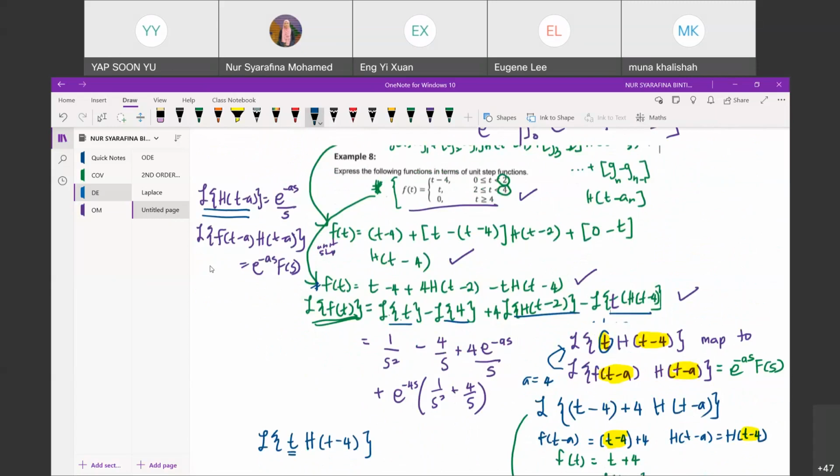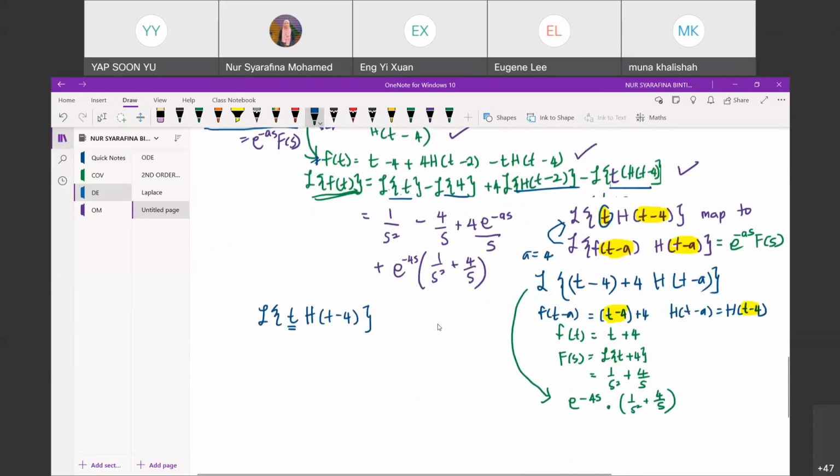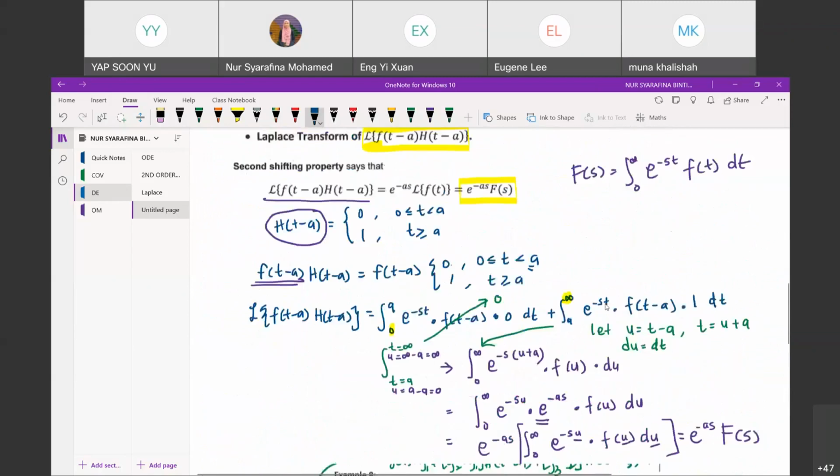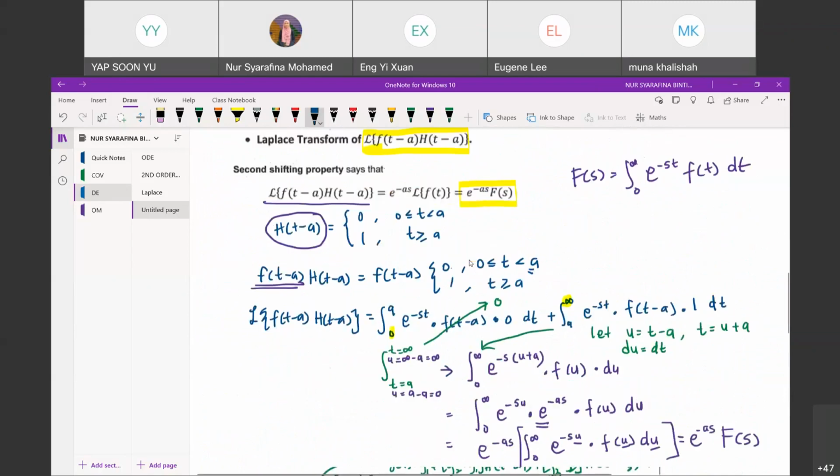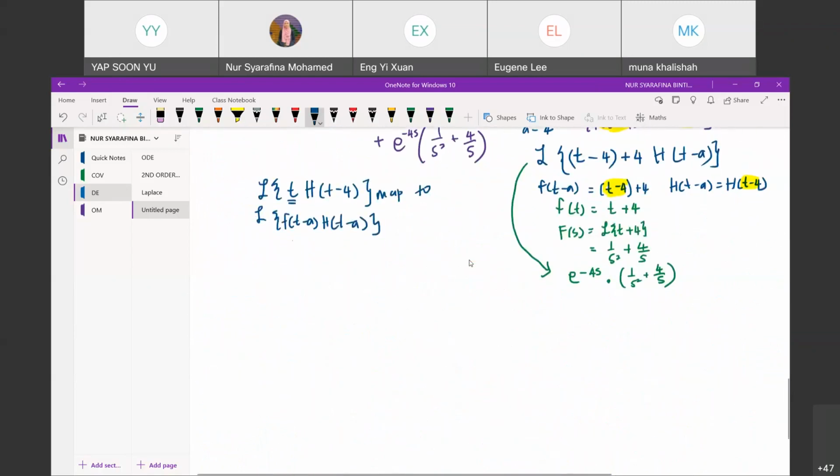So we can use this second shifting property, which is f(t minus a) h(t minus a), right?